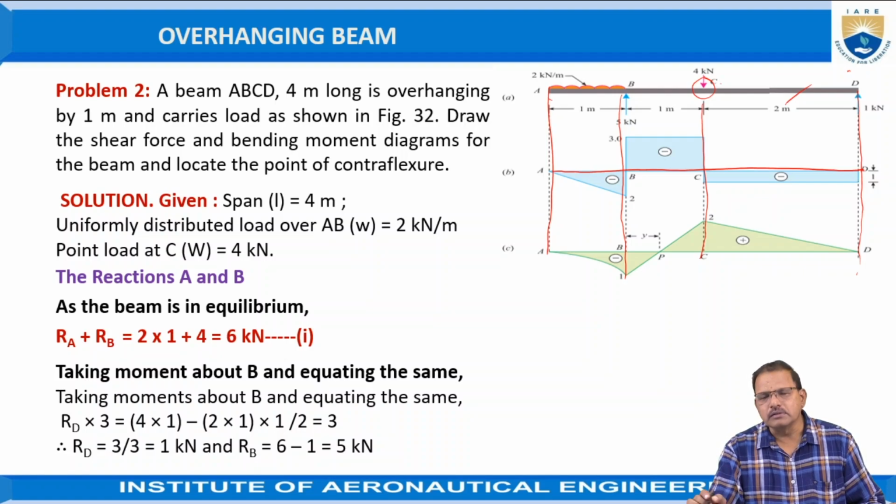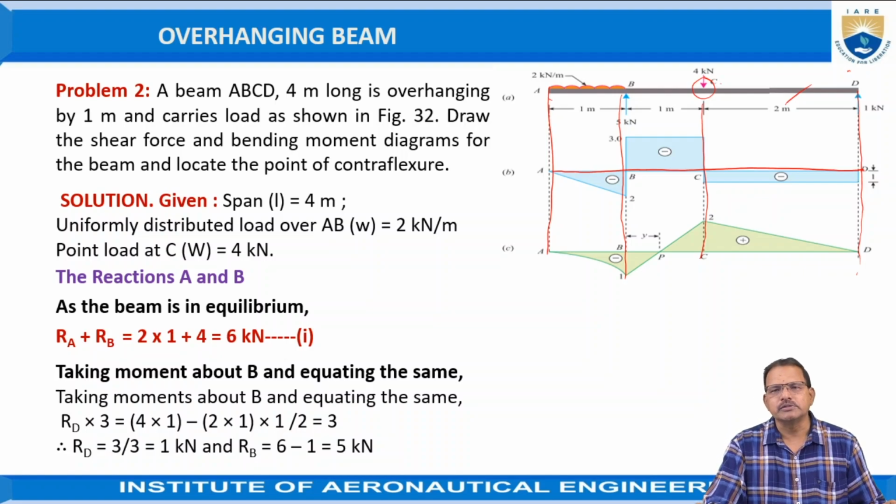In the first step, determine the reactions at A and B, otherwise it is difficult to determine the values of shear force as well as the bending moment acting at various positions. Since the beam is in equilibrium, the sum of the forces acting in upward direction should be equal to the sum of the forces acting in downward direction.